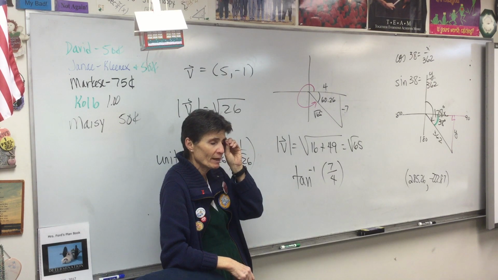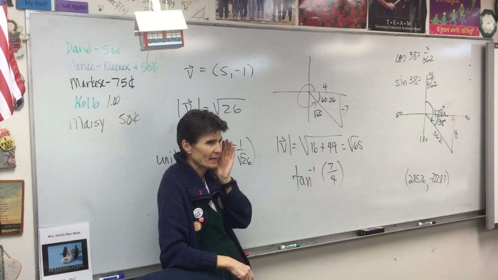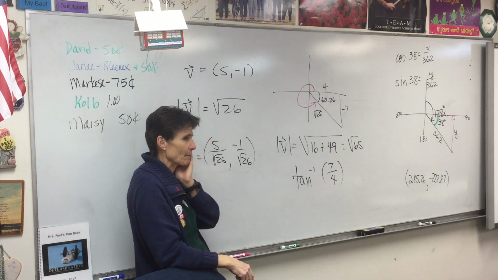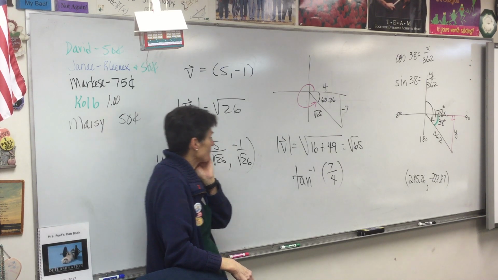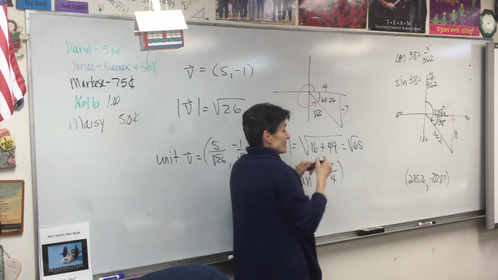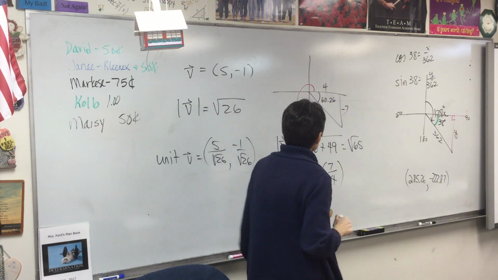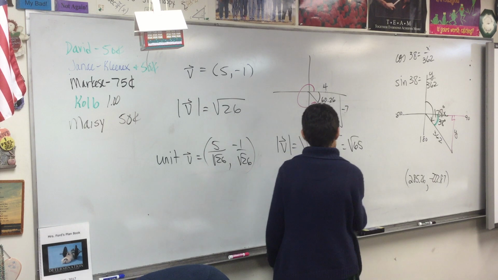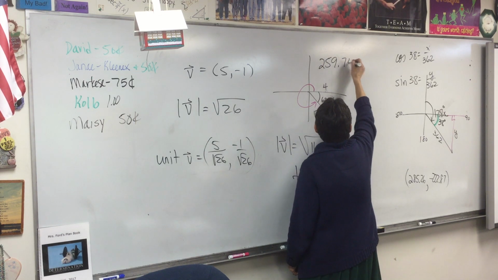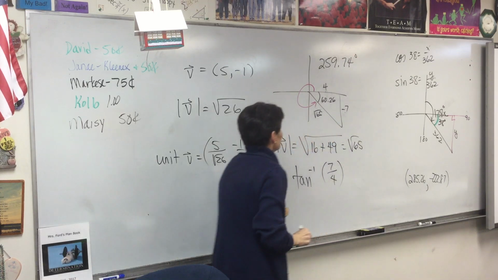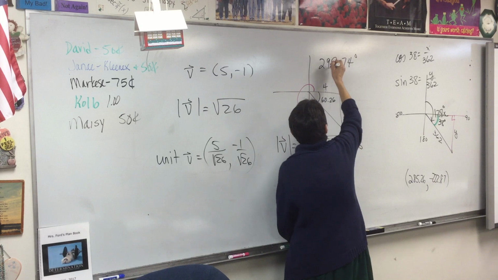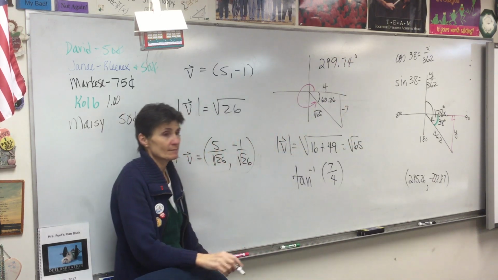Just think for a moment. I need to figure out how big that pink angle is. How am I going to figure that out? I'm going to take 360 minus that. So that'll be what? 299.74 degrees.